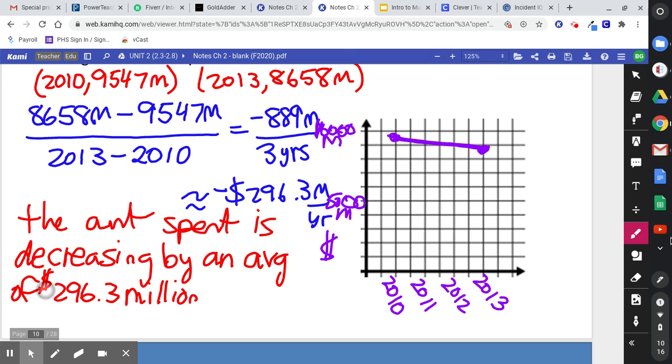I'll put a dollar sign in there. Dollars each year. And again, I didn't need the graph to say that. As soon as I saw that number, I knew that.